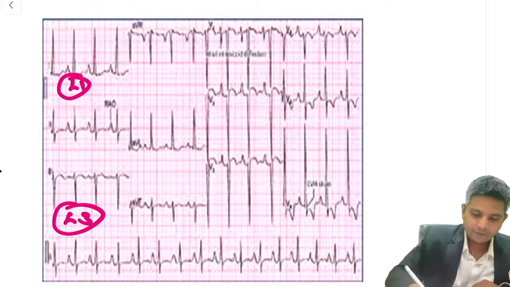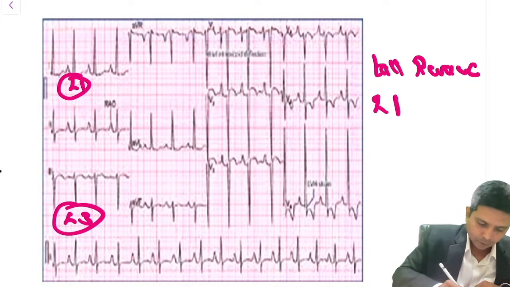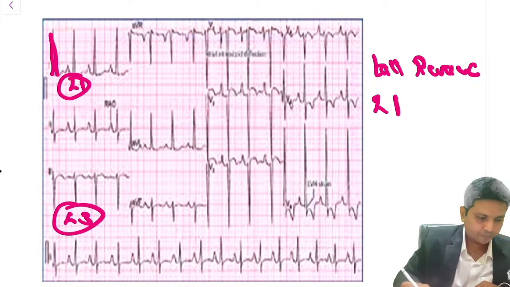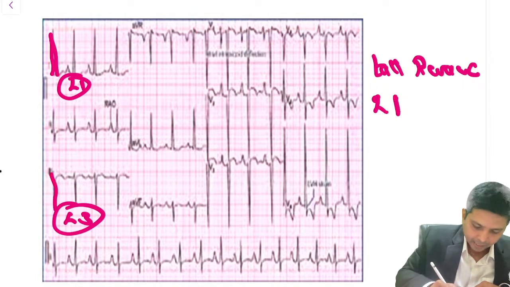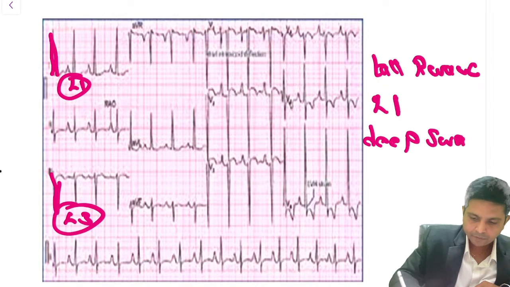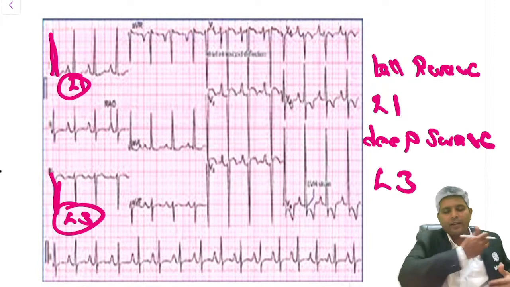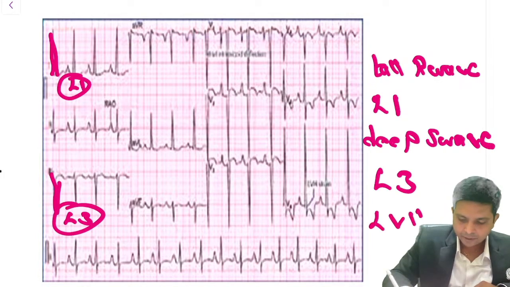So Akhil, when you have a tall R wave in lead 1, look at this tall R wave and deep S wave in lead 3. So current is moving in this direction, my dear boy. So you have left ventricular hypertrophy or left axis deviation.